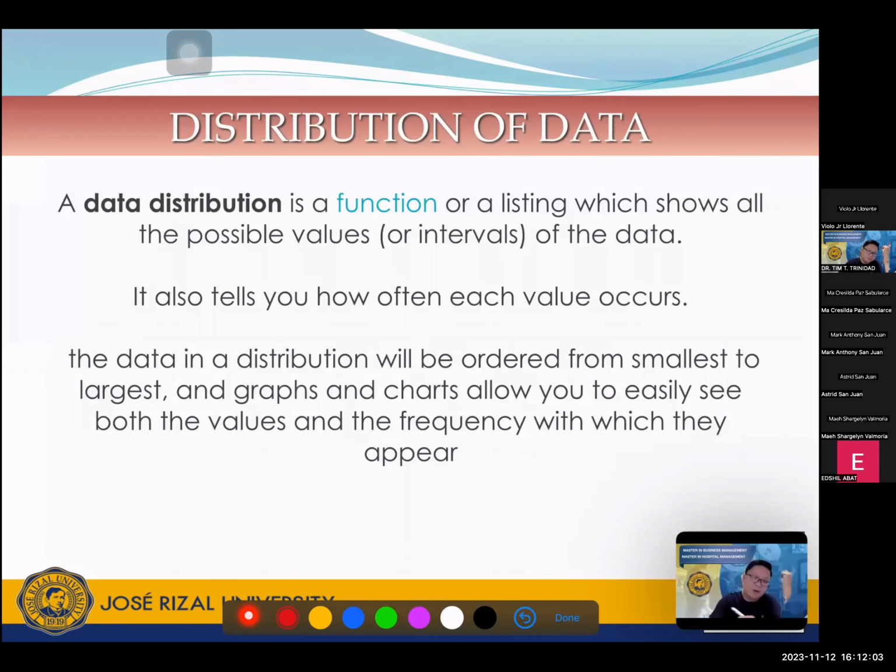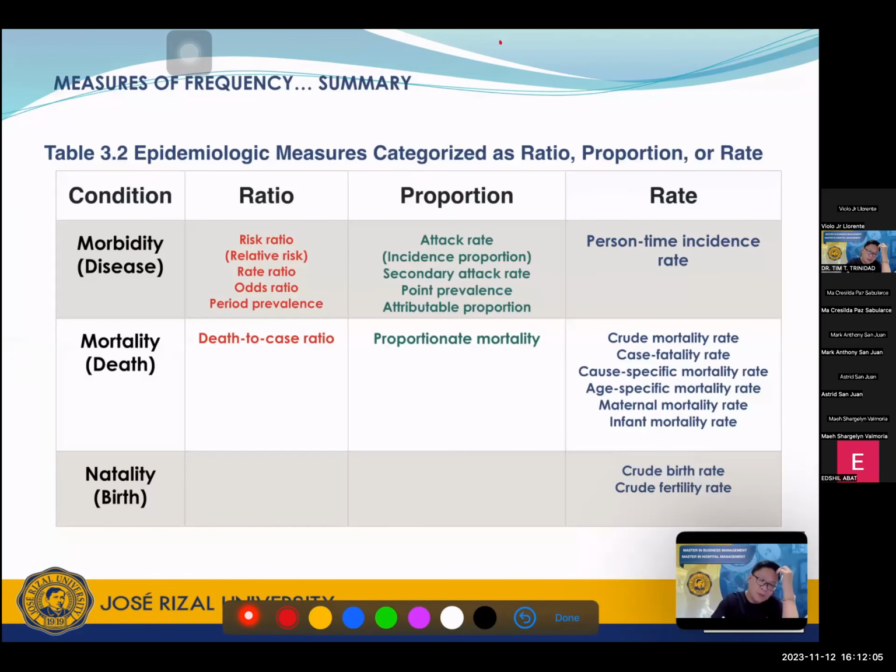Rate is the incidence, how often a certain value comes in a certain period of time.